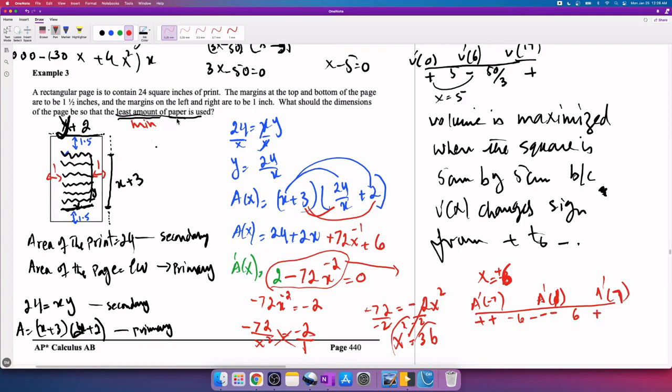Since they are asking for the least amount of paper used, which means they are asking for a minimum, where is my minimum? Negative to positive, which is positive 6. This is a maximum, negative 6. This is a minimum.